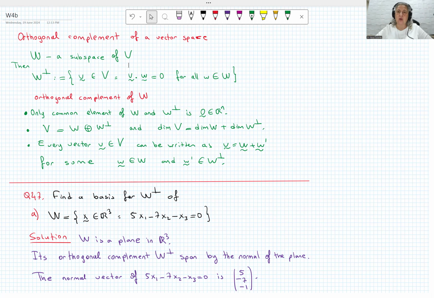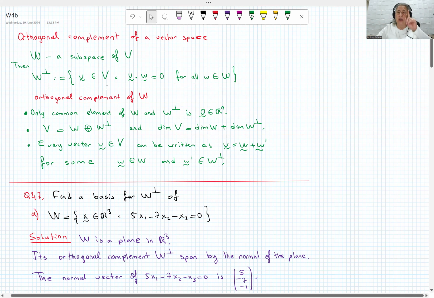If you have such structure, if you have a subspace, then you can always define an orthogonal complement by using that inner product or dot product. So instead of the dot product here, you might have an inner product in a general form.